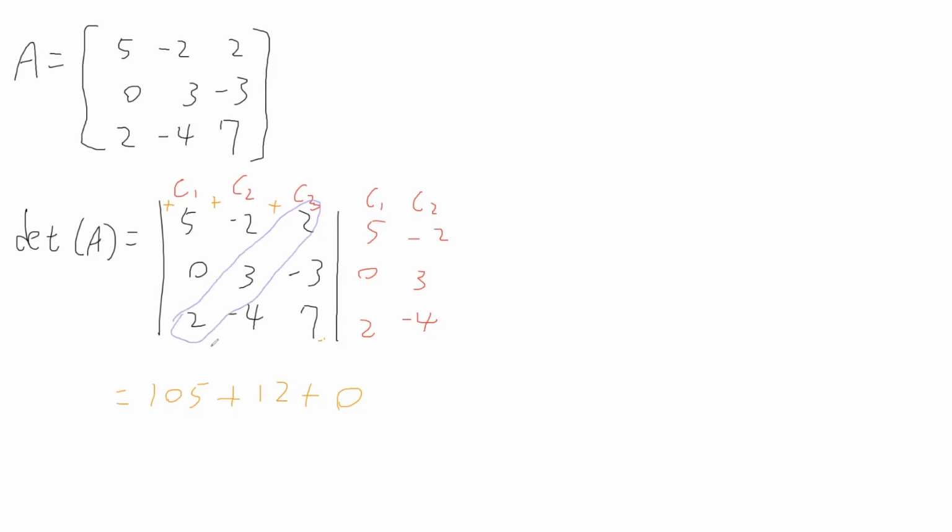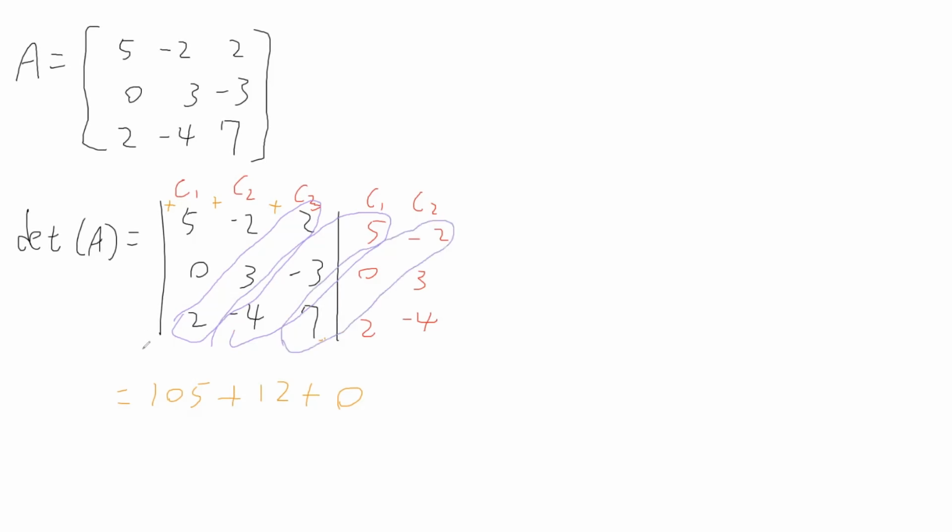Okay, 1, 2, and 3. Okay, and if you go from the bottom up, they are all going to be negative, which means we are going to subtract these three numbers.